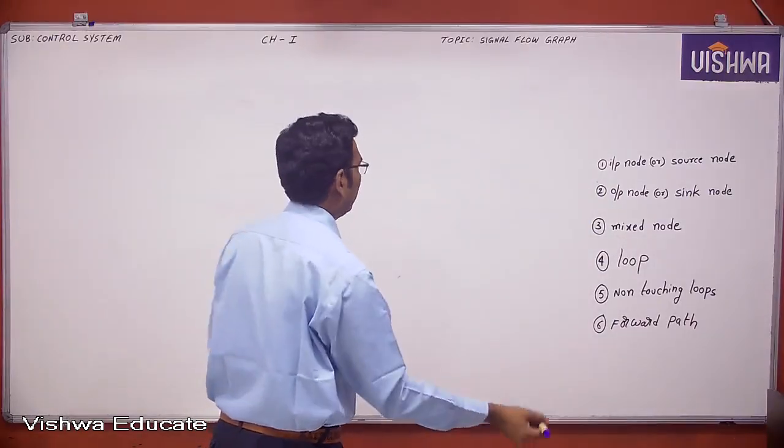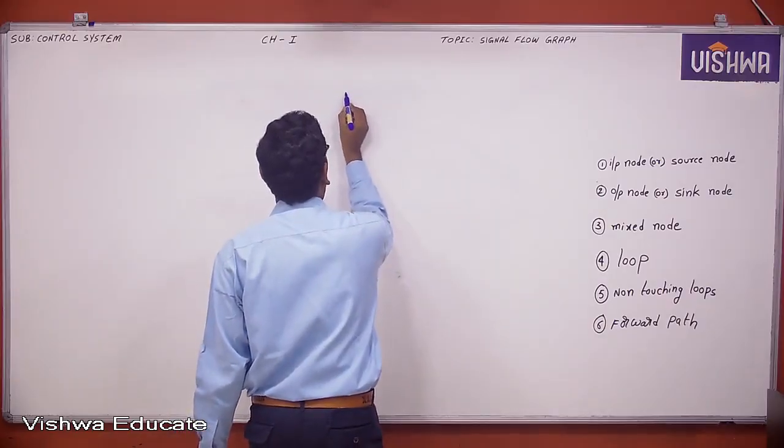Now I'll take one small example. This is the signal flow between the nodes.